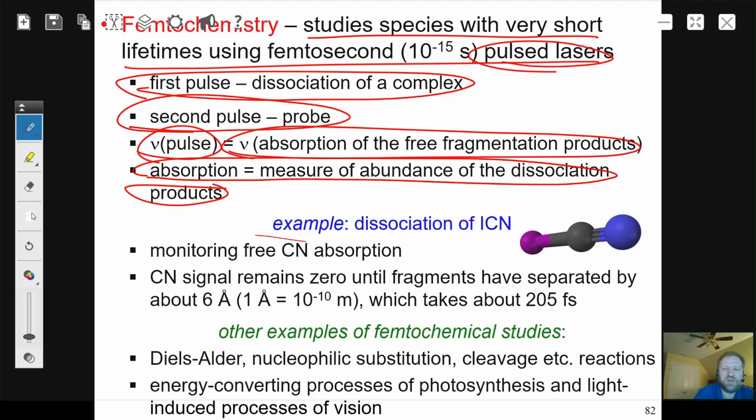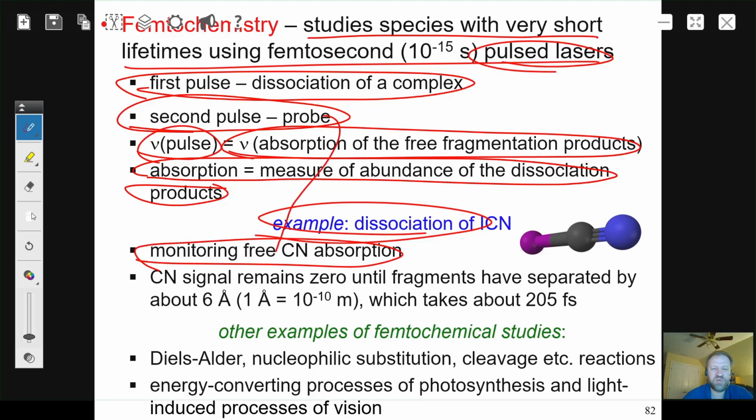And we already looked at the dissociation of iodine cyanide. The idea here is that your probing pulses will be monitoring the absorption of the free cyano group.